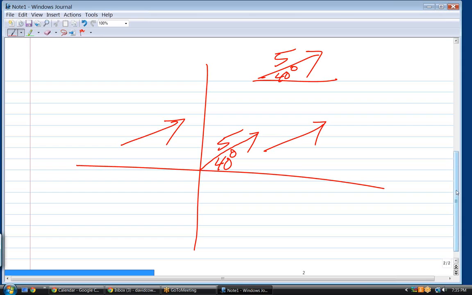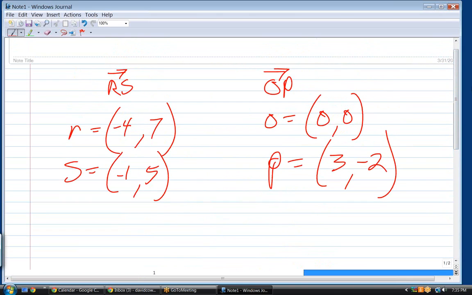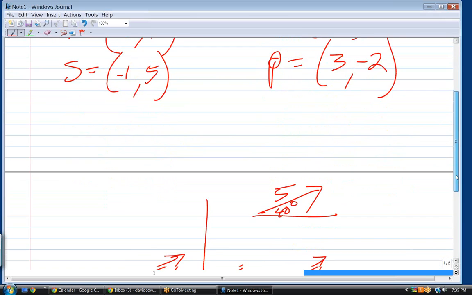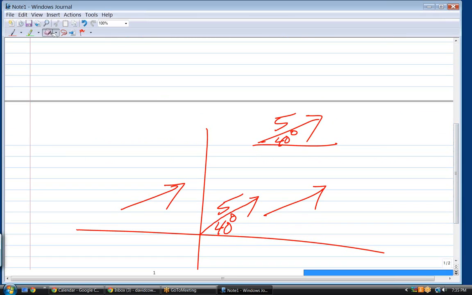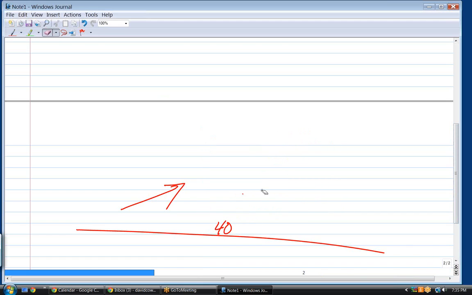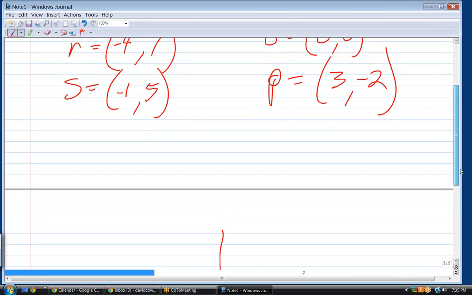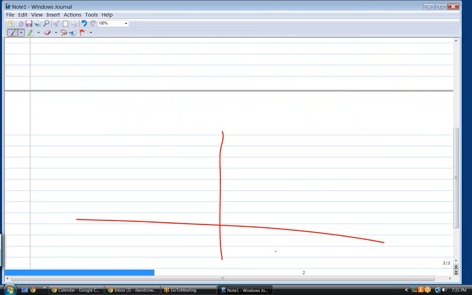Okay. So, if we go back to our problem, let's look at vector OP. Vector OP goes from (0, 0) to (3, -2).